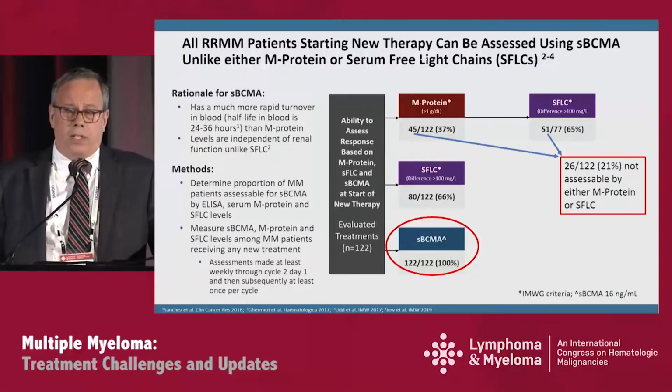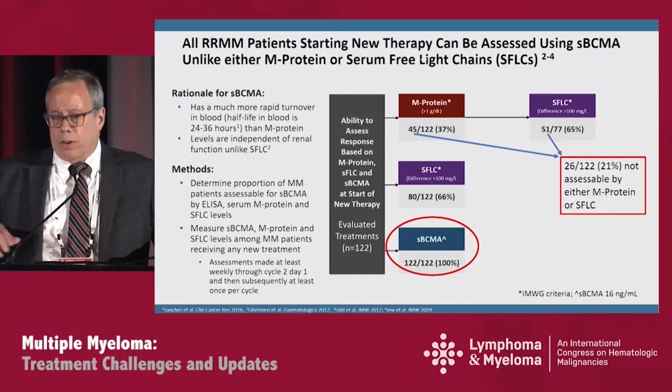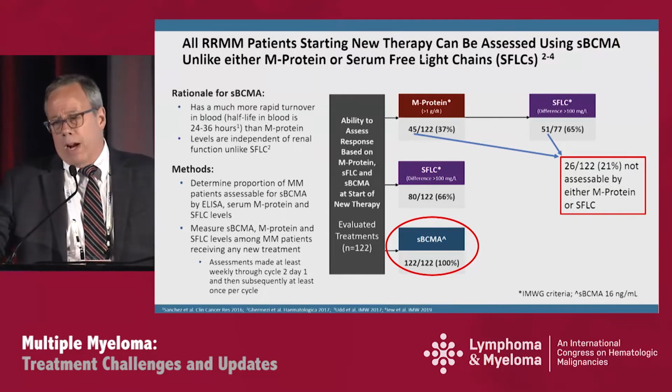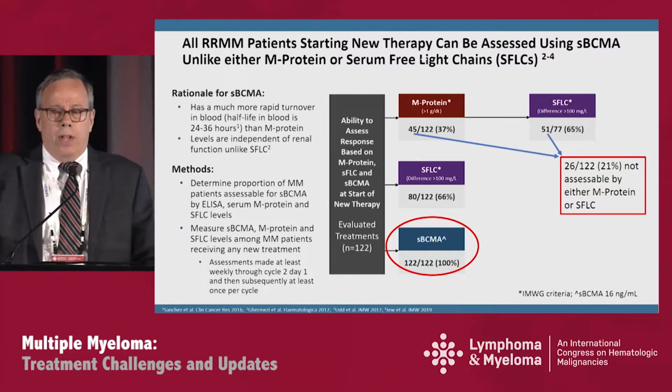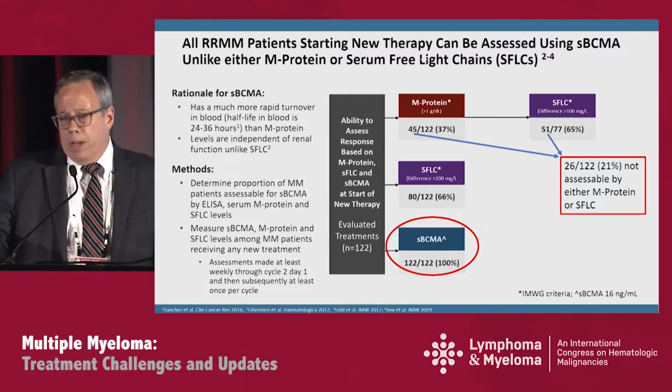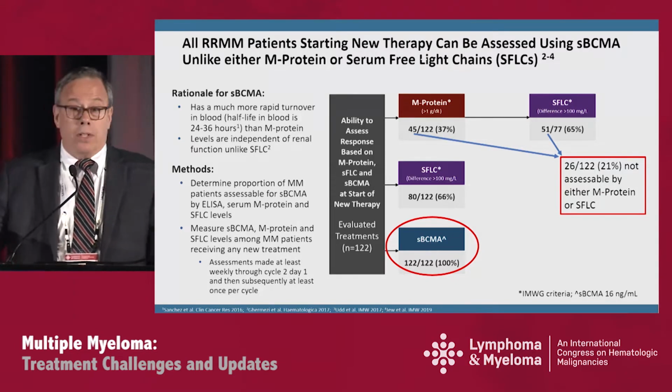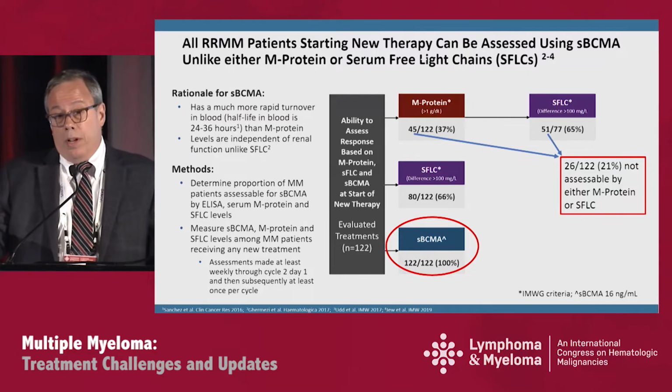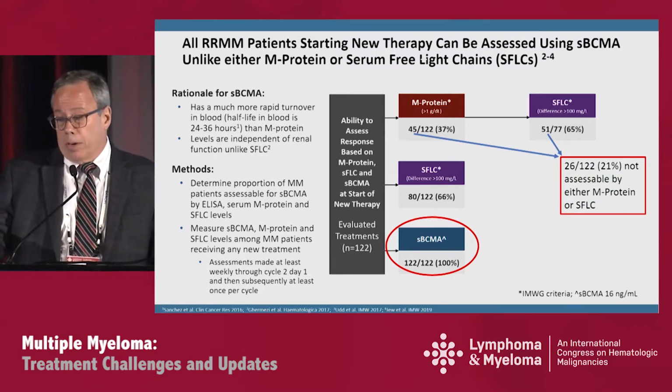So we looked at a series of 122 patients in our clinic who were relapsed refractory, and we wanted to see whether serum BCMA would be valuable in more of them than free light chain or M protein, and if so, could it give us an earlier read on progression than the conventional biomarkers?